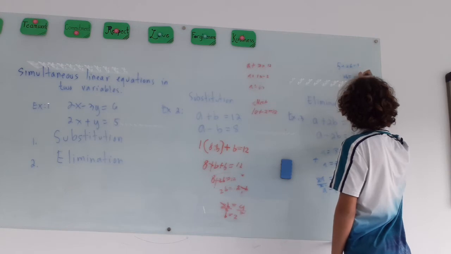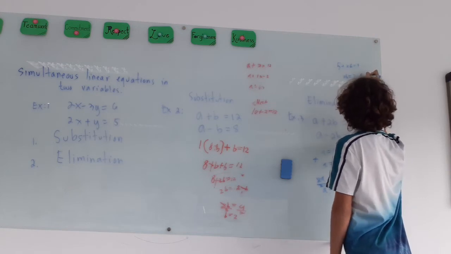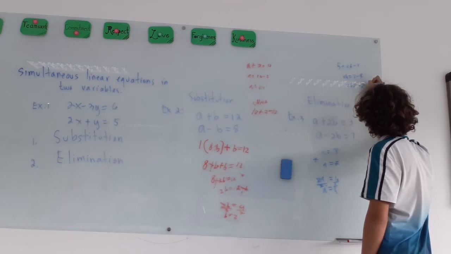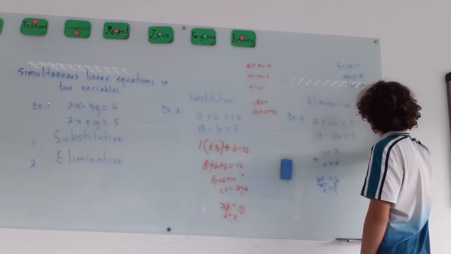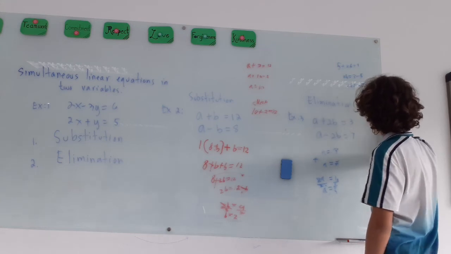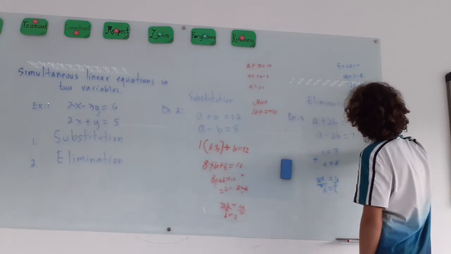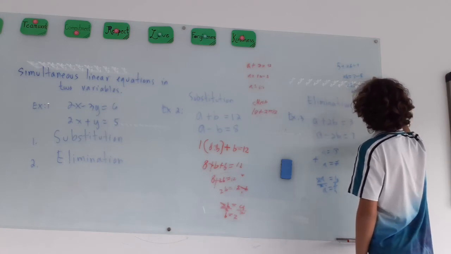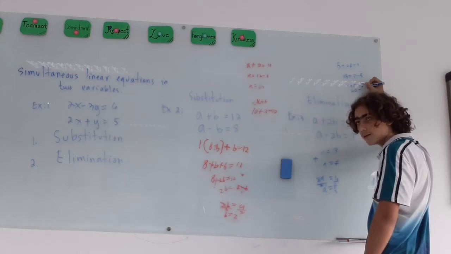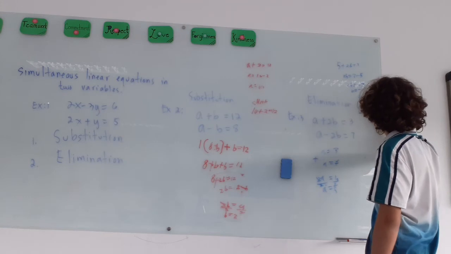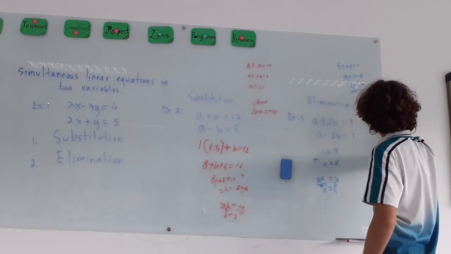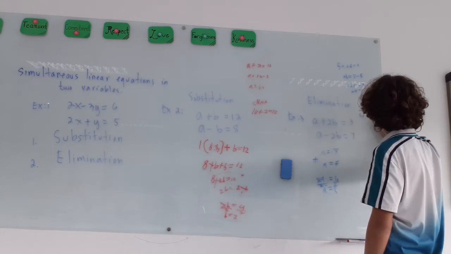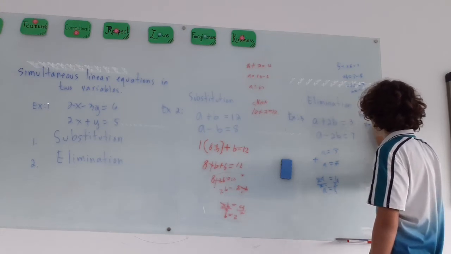Another marker. Equals to negative 1. No, no. Yeah. Yes, yes. So 5 plus 2 times negative 1 equals to 3. 5 plus negative 2 equals to 3. 3 equals to 3. Yes.